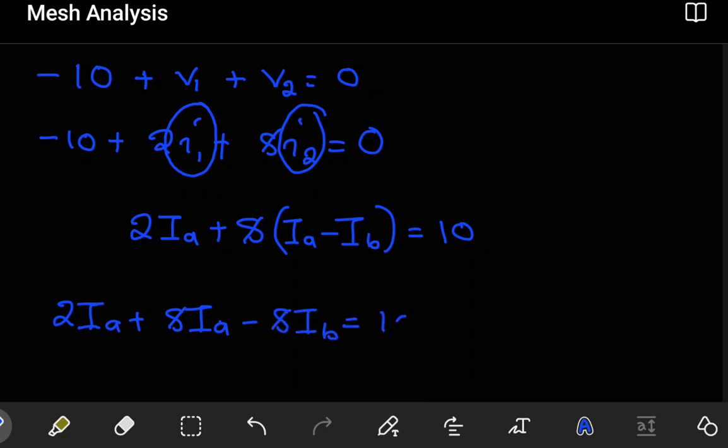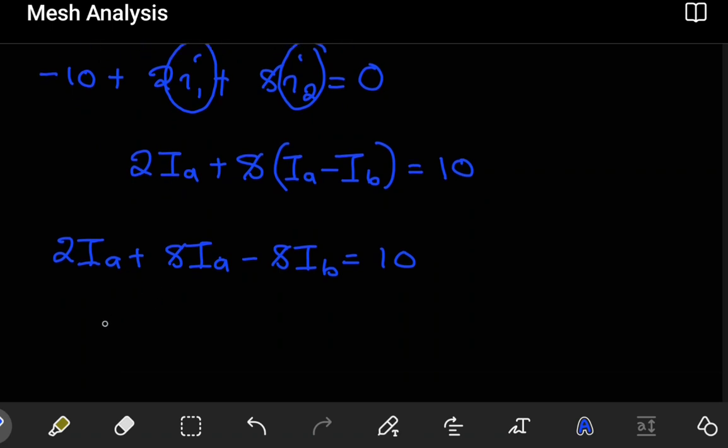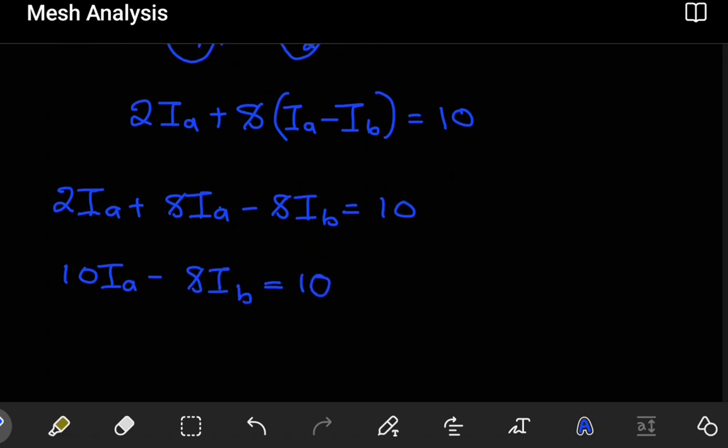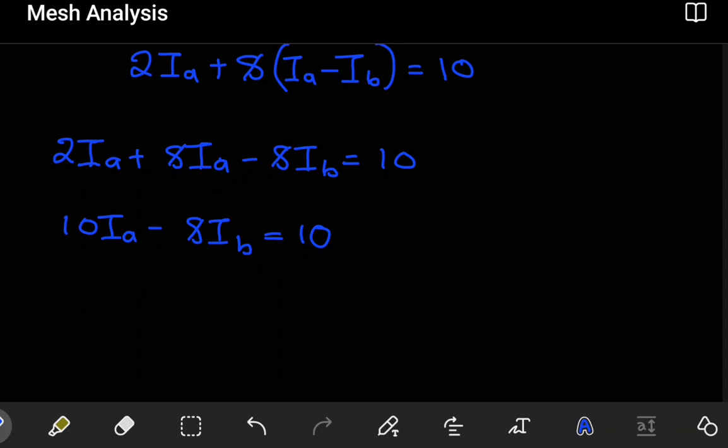This is equal to 10. Simplify this, we now have 10IA minus 8IB is equal to 10. This can reduce a little bit, divide by 2, we have 5IA minus 4IB is equal to 5. This goes as our equation 1.